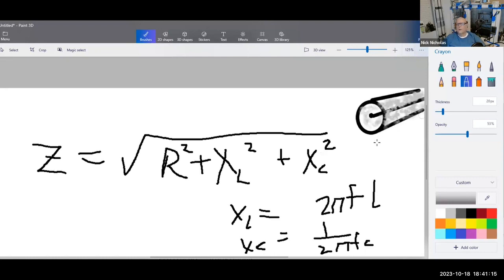All lengths of running wire have some inductance, not as great as if they were coiled up. Now, if you coil up a coaxial cable, you won't change its inductance very much because the shield kind of prevents that from occurring. But there is an inherent inductance and capacitance to its structure.